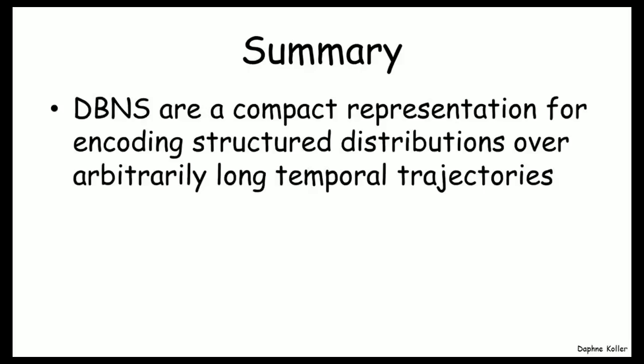To summarize, dynamic Bayesian networks provide us with a language for encoding structured distributions over time. By making the assumptions of a Markovian evolution as well as time invariance, we can use a single compact network to encode arbitrarily long transitions over arbitrarily long time sequences.